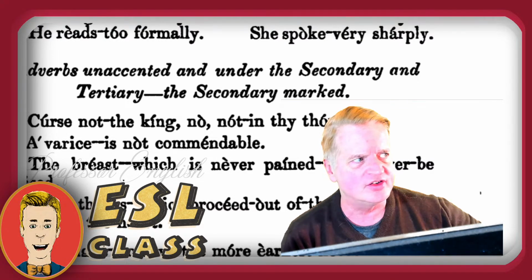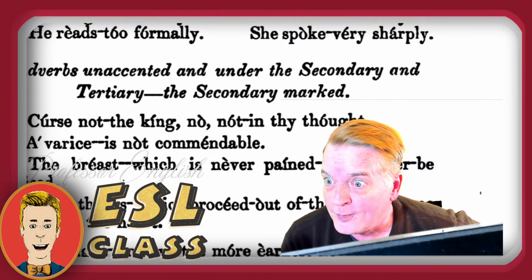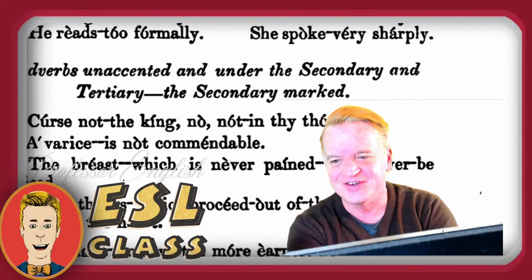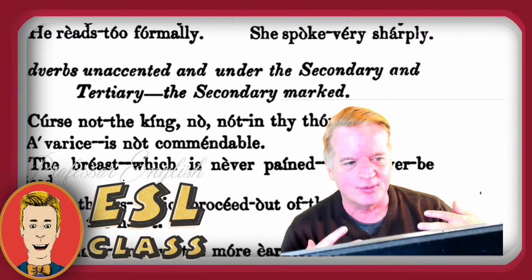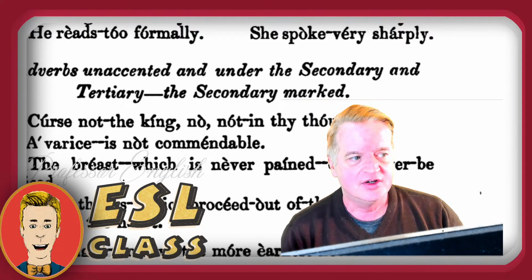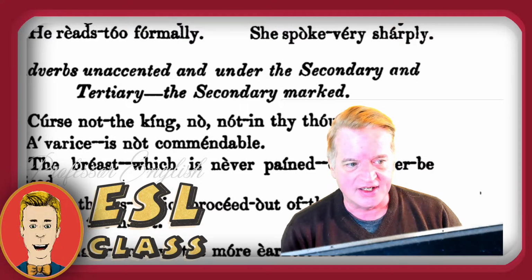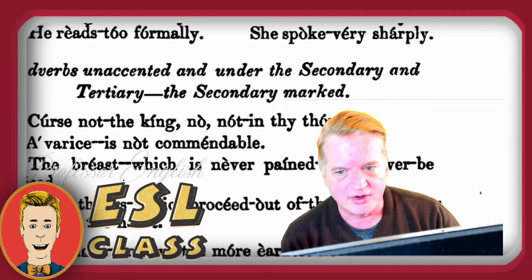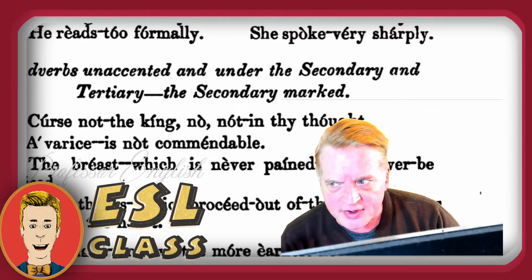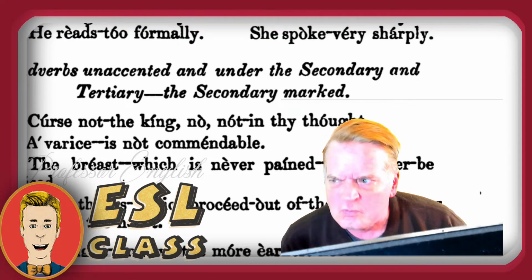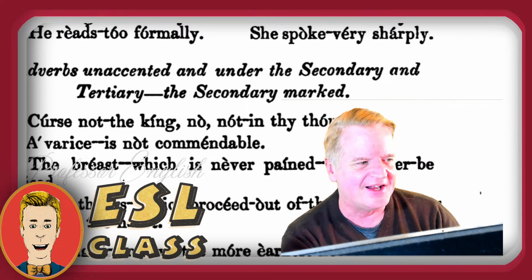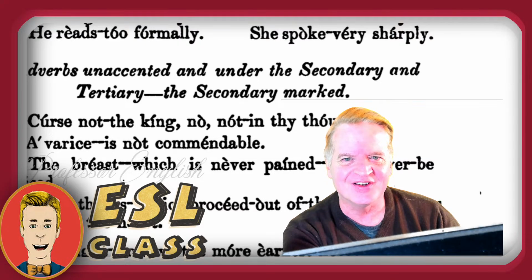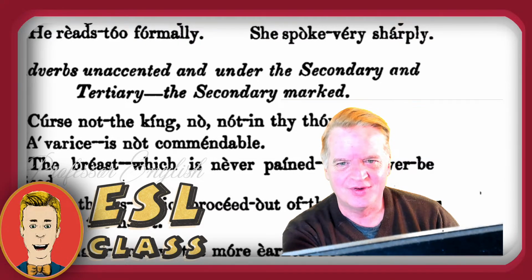But if you say he looked sharply, that could be like that. So it depends on what you mean. But if you're talking about appearances, sharp without the ly, he looks sharp, that means he looks very nice. But if you say he looked sharply, that means like that.